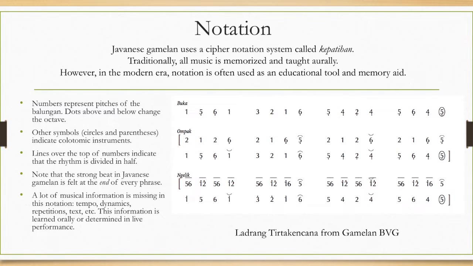We're also missing information about text: what are the lyrics that are used? This information is learned directly when you are practicing with a teacher, or it's determined at the moment of performance. So there's a decent amount of flexibility, or you can even call it improvisation, involved with gamelan performance. And we will be getting into how exactly musicians determine these things a little bit later.